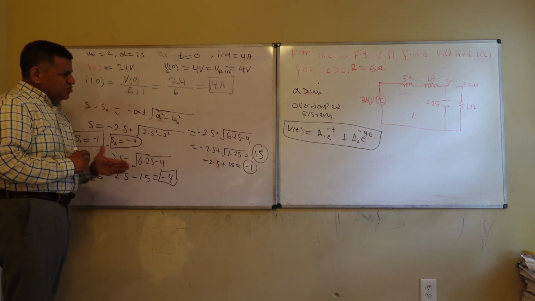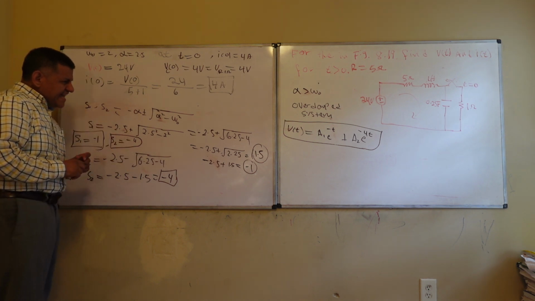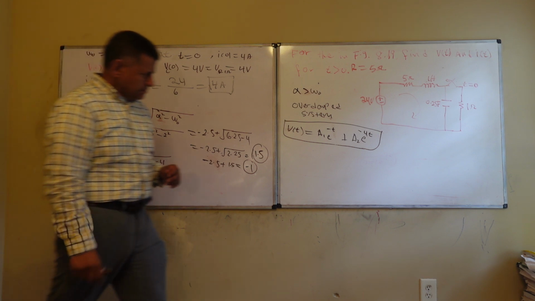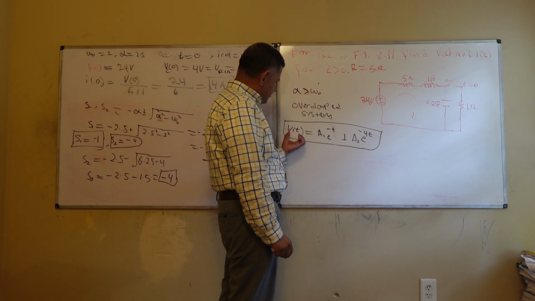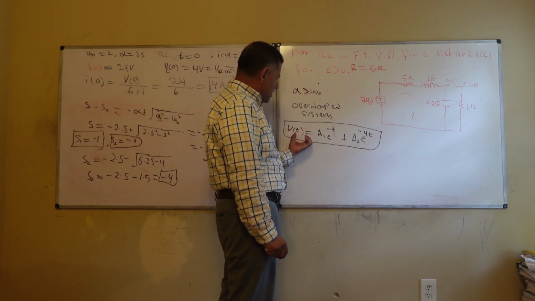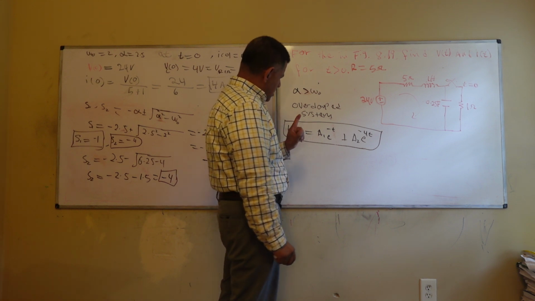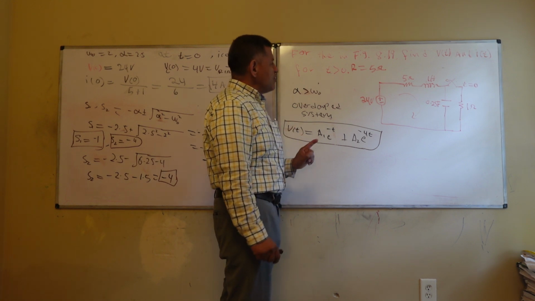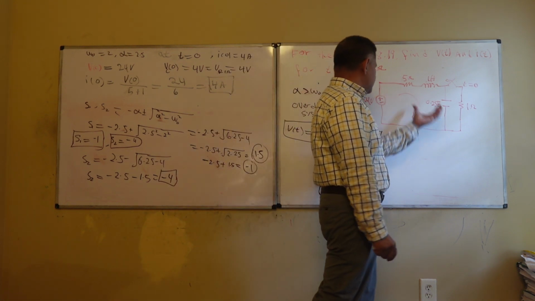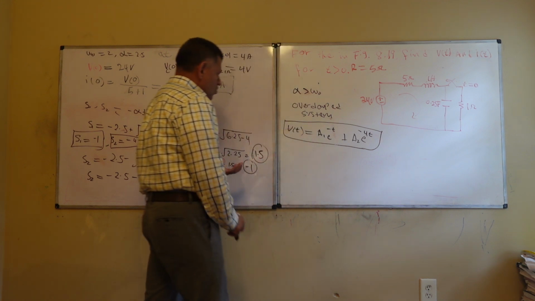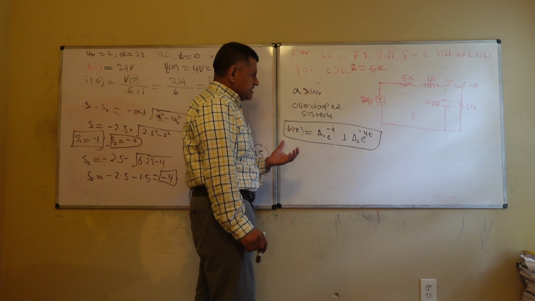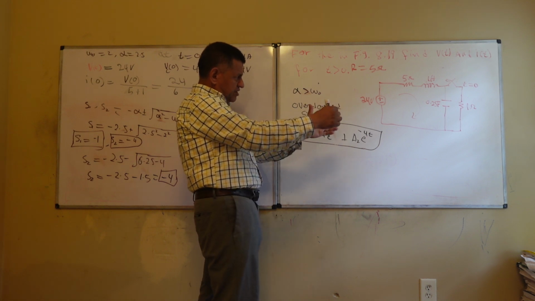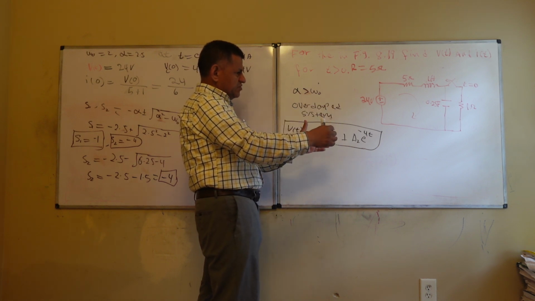Now let's do this. The next case is assuming that we have the value of this. Remember that we consider the case where it's a steady state. In order to have a steady state, that means you have the constant voltage already at time t equal to 0.